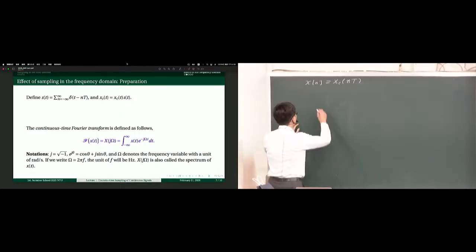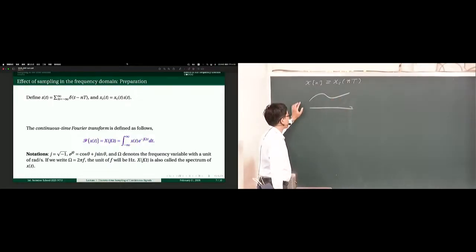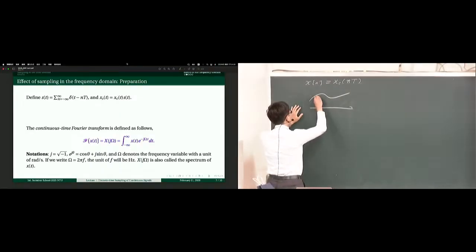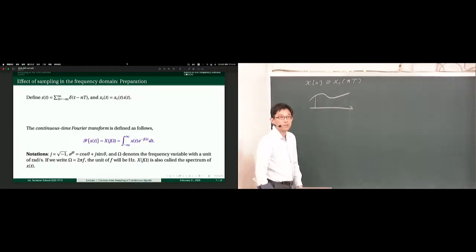Let's just draw a very simple sketch. If a signal in continuous time looks like that, then by sampling, we are going to turn this continuous waveform into spikes.